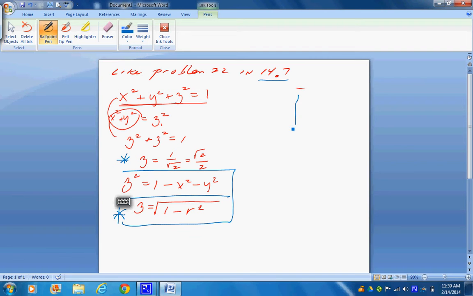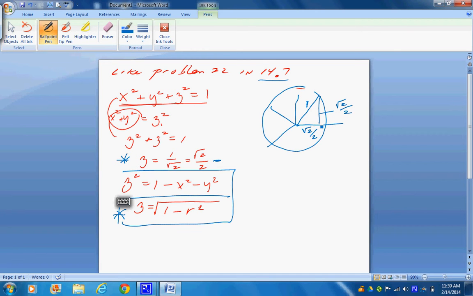And now let me draw my picture. I have a sphere of radius 1, and I have a cone that's coming up to meet it at square root of 2 over 2. I probably didn't need to do this first step to figure this out, because if I have a radius of 1, then I should know that r is going to be equal to the square root of 2 over 2.